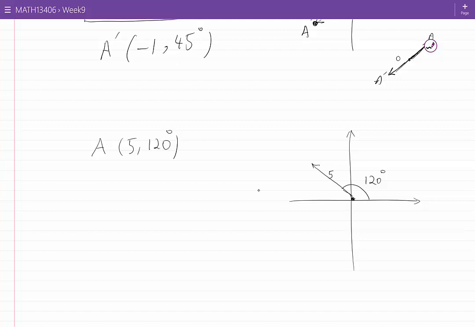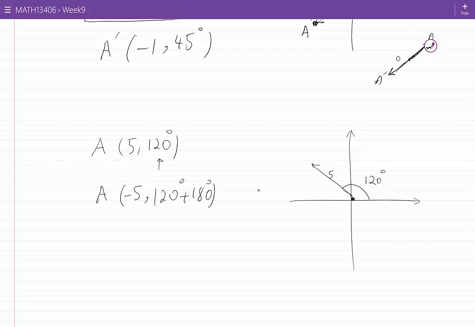We can add 180 degrees to 120 degrees. We would get 120 plus 180 for the angle. But then that would give us a vector which is in the fourth quadrant. We flip that to go back to the second quadrant by multiplying the 5 by a negative 1. Therefore, another way of representing A would be minus 5 and 120 degrees plus 180 degrees.